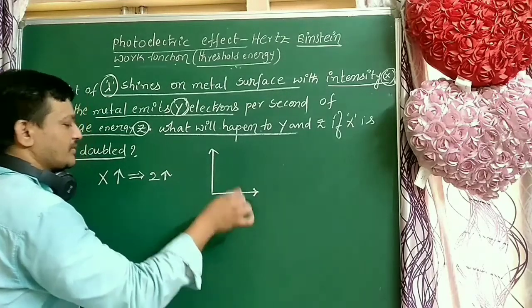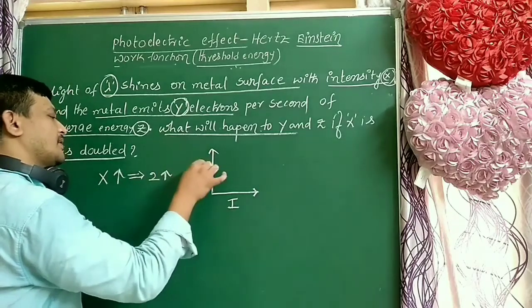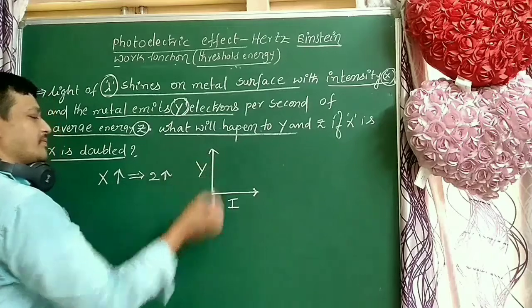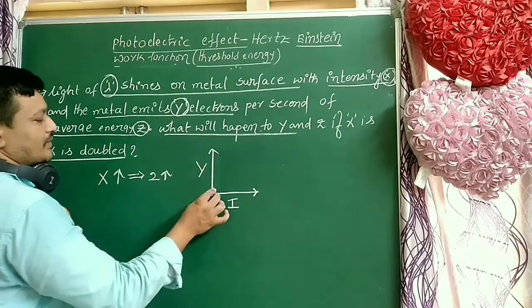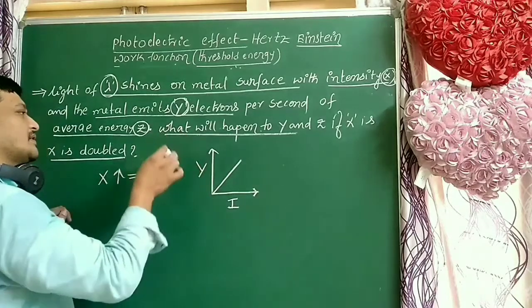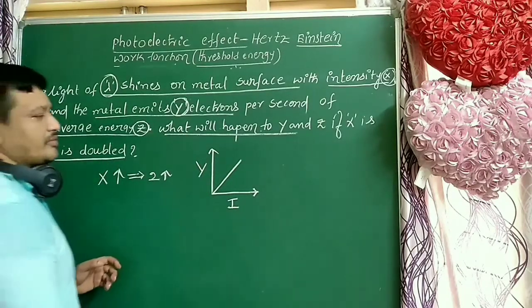I already know this point. The number of photoelectrons emitted by the metal is y. Intensity increases, y increases. Intensity increased by 2 times, y also increased by 2 times.